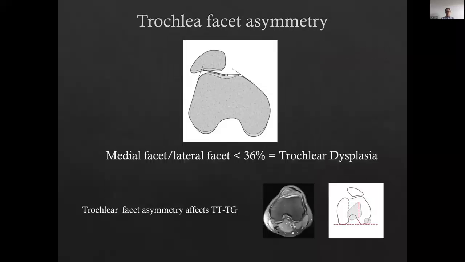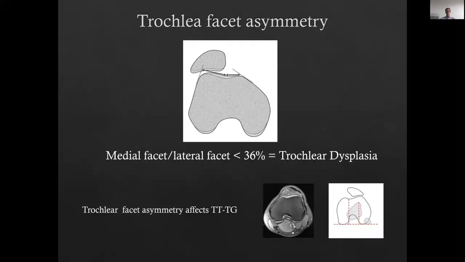Then there's facet asymmetry, meaning that the medial facet tends to be smaller than the lateral facet. If it's below 36%, this indicates trochlear dysplasia. And this is important with respect to the tibial tubercle trochlear groove distance, a measure that is often talked about when we talk about patellar instability.